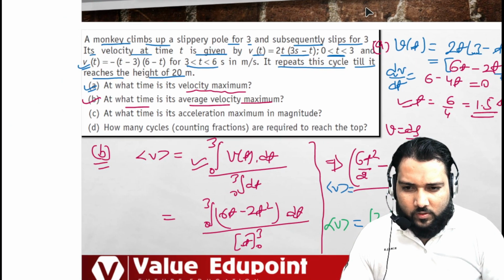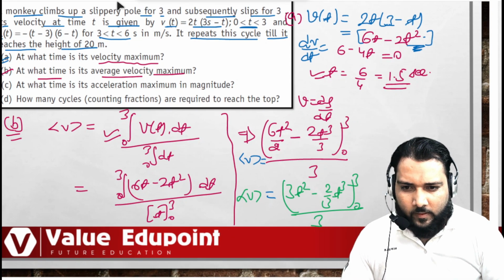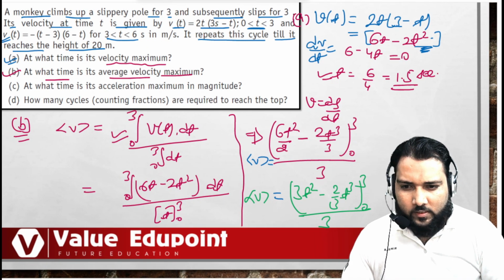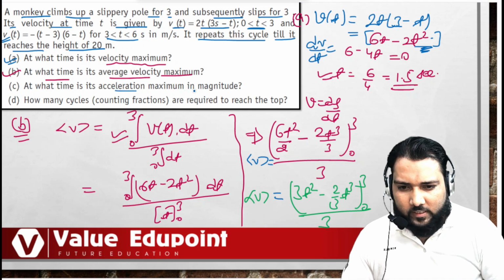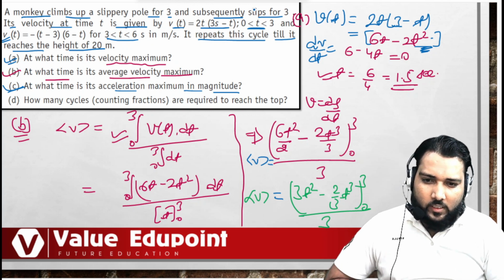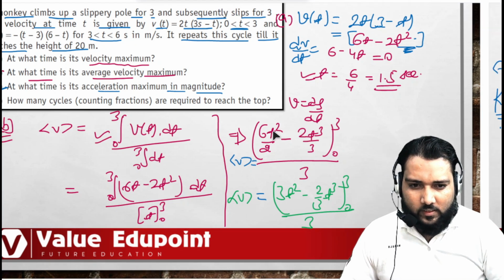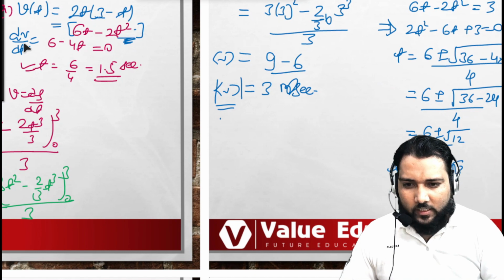Now the next problem, the third question, is: at what time is acceleration maximum in magnitude? First we have to calculate the acceleration, and then we will go for the maximum condition. We differentiate again. We already differentiated this function, that is 6 minus 4t.